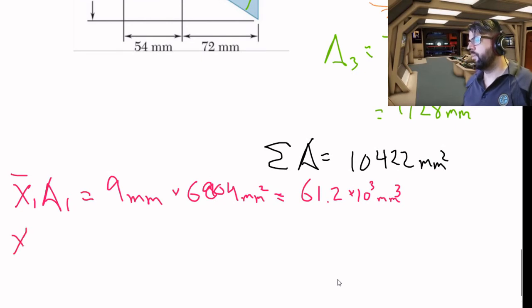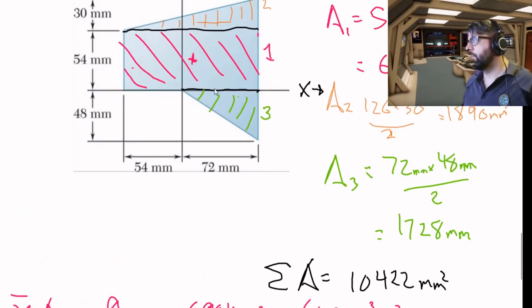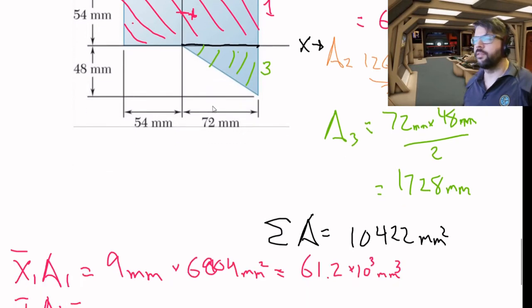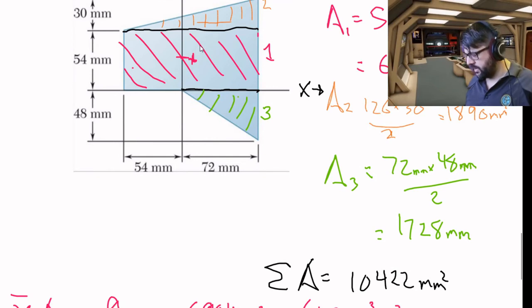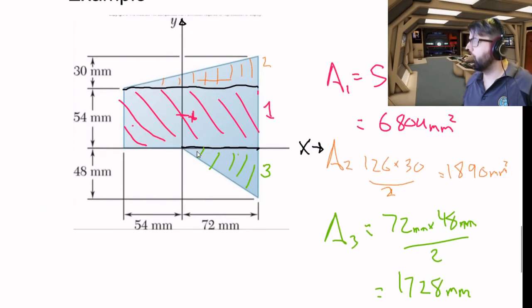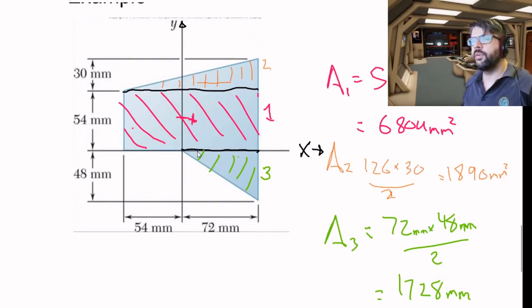Next up, same deal, but the y-axis. So again, we're looking for the location on the y-axis that the centroid's at, or we could also look at that as the distance from the x-axis. So that'll just be the 54 divided by 2, because the base of this rectangle is on the x-axis. Sorry, the 54 millimeters divided by 2.